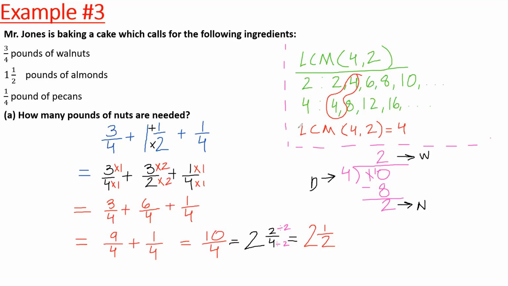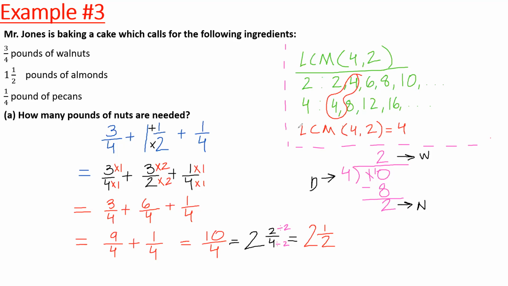And then we add 3 over 4 plus 6 over 4, and then it would be 9 over 4, and then we place down the 1 over 4, and 9 over 4 plus 1 over 4 equals 10 over 4.